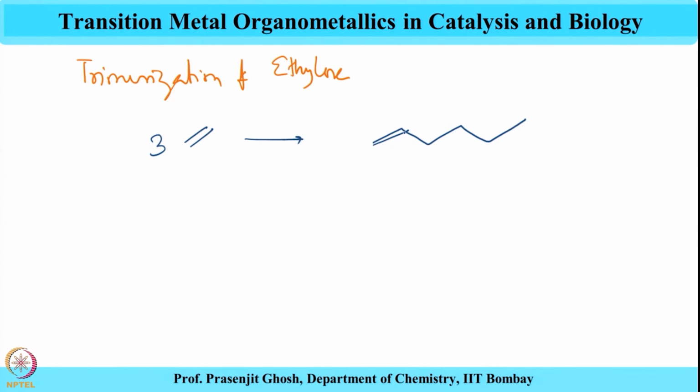The process is important with respect to alpha olefin production or oligomerization in SHOP, with regard to the selectivity of this reaction. So, this reaction is highly selective in terms of producing 1-hexene.